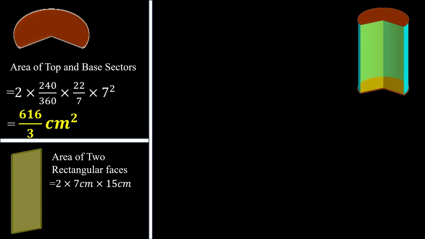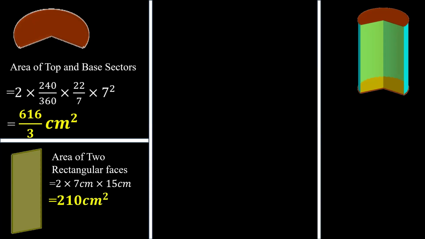Recall that the 2 here is as a result of the two rectangles that we have as part of the faces of the prism, and the 15 centimeters here represents the height of the prism, which is also the same as the length of this rectangle. So multiplying everything together will give us 210 square centimeters.